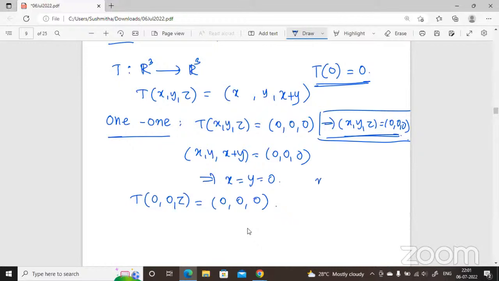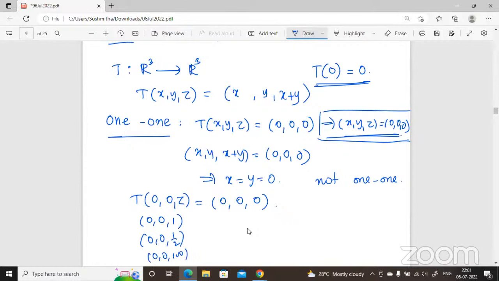So this is not one-to-one, because the zero vector is not the only one mapped to 0. Any vector with a non-zero z component gives 0: 0, 0, 1; 0, 0, half; any scalar, 100, take any number.